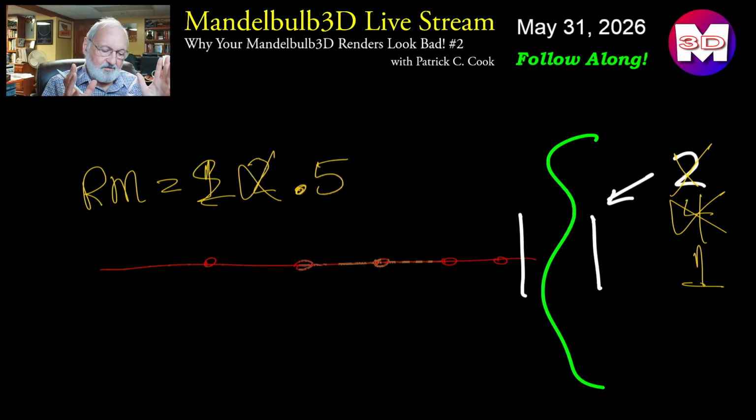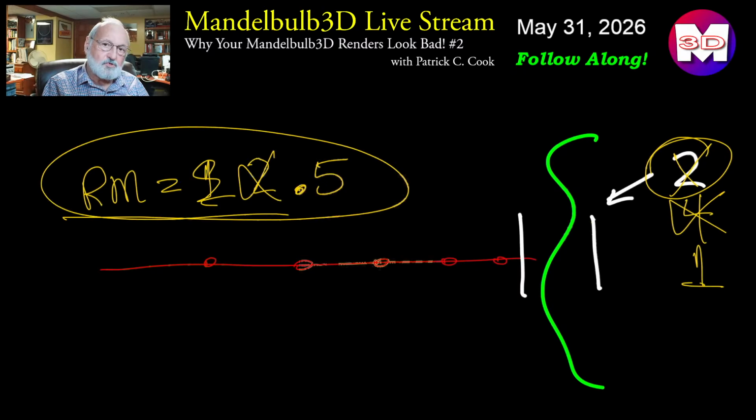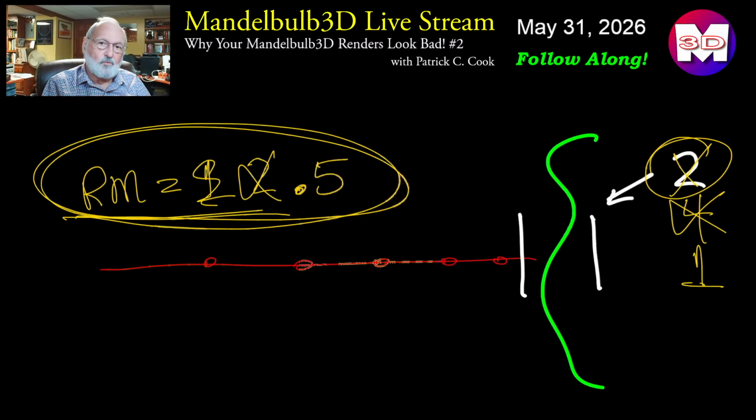Now that you got that, of course the next question is, well, why? Why don't we just go ahead and set the DE stop to whatever we wanted and leave it at that? What the developers were trying to do with this Raystep multiplier control was solve a problem. Let me show you what that problem is.